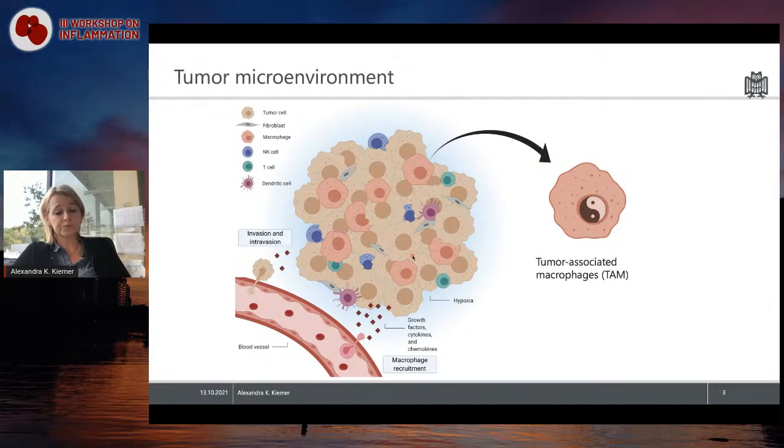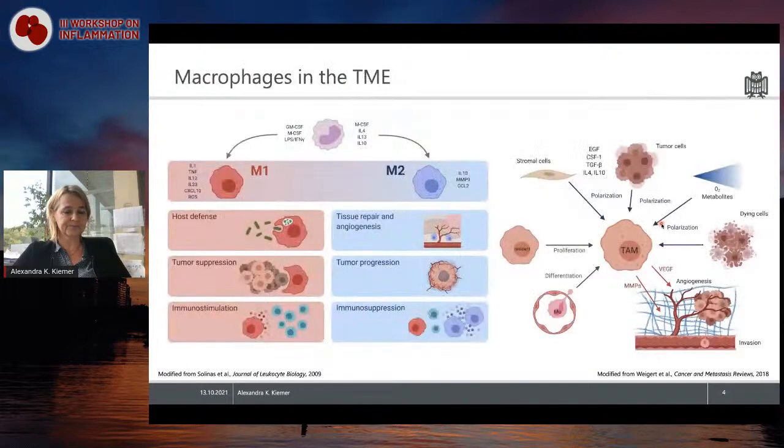This is also true for macrophages, which can differentiate from monocytes derived from the blood, but macrophages can also proliferate within tissues. And these tumor-associated macrophages are supposed to have a role in cancer progression, so they can really support the tumor, and this is why they might represent an attractive therapeutic target.